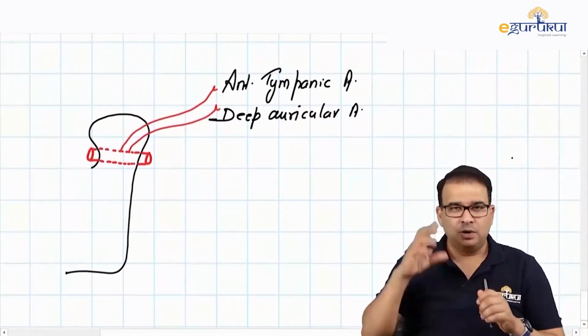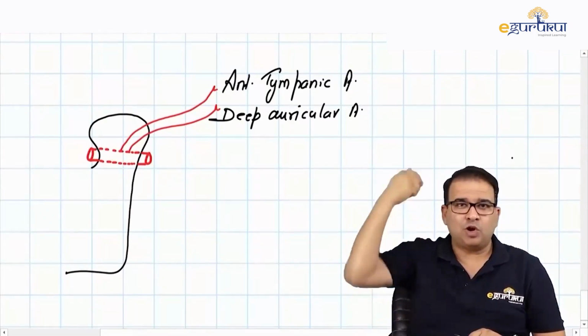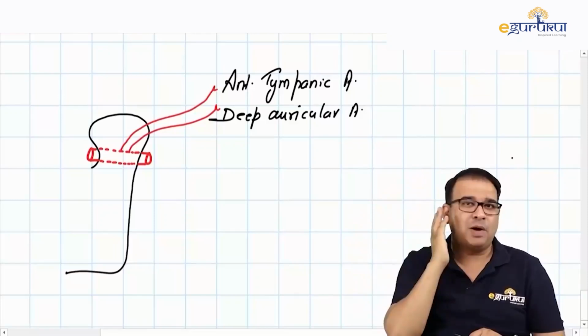Deep auricular. Look at the name, deep auricular. When you say the word auricular, you cannot talk about the middle ear or internal ear. It's from outside only.